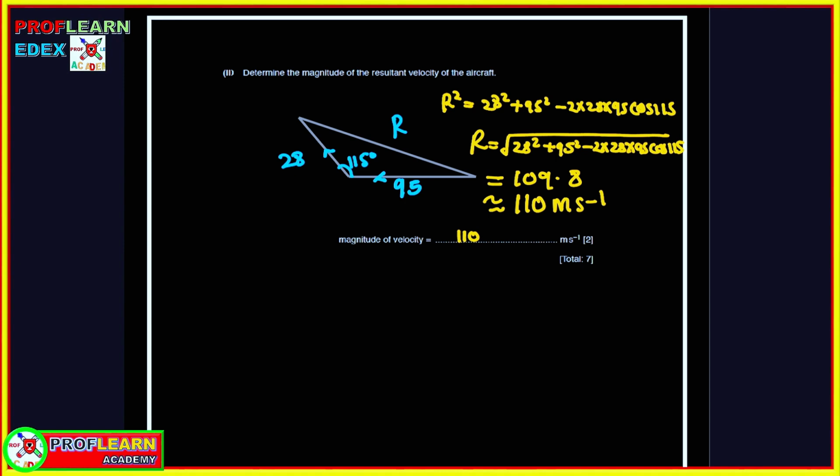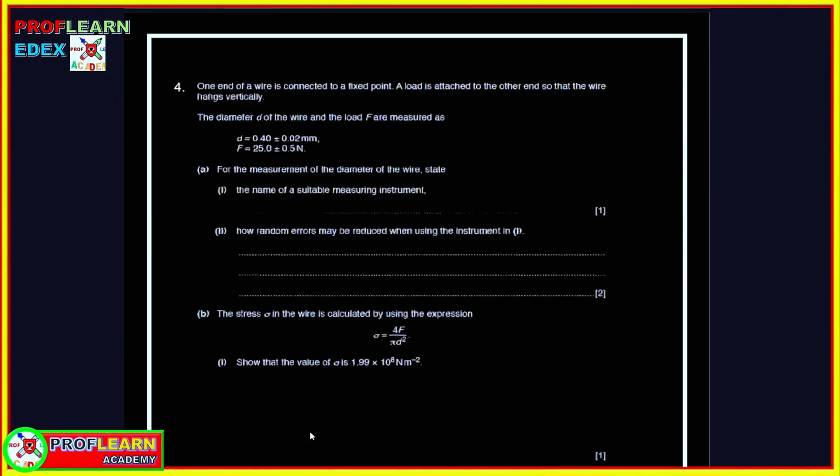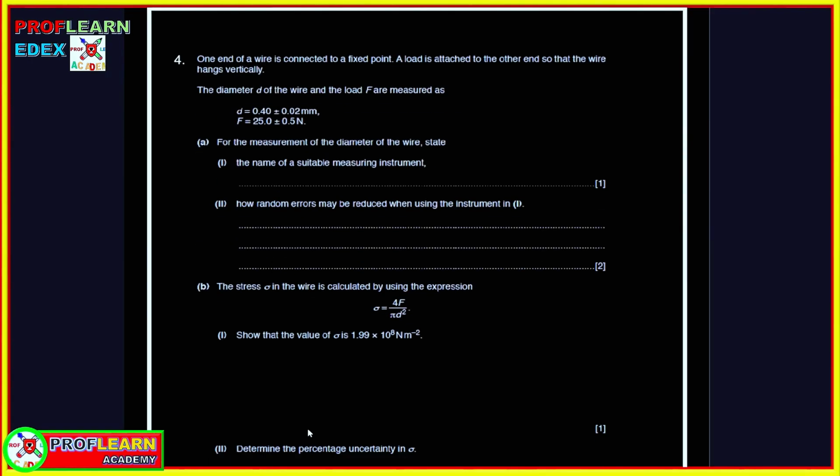Moving to question 4, this is a question also to do with uncertainty, to do with errors, and let's see what the question entails. One end of a wire is connected to a fixed point. A load is attached to the other end of that wire, and it hangs vertically.